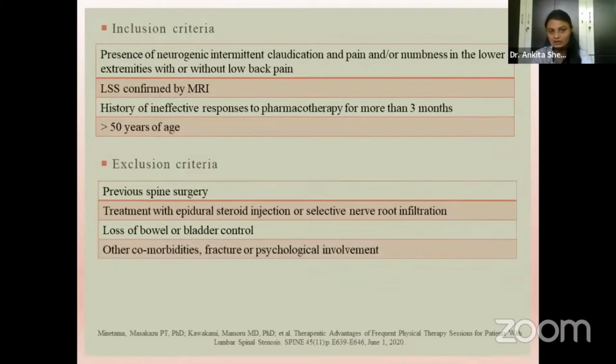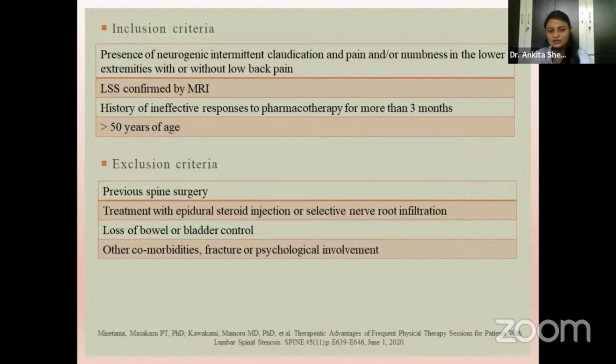The inclusion criteria of the study were the presence of neurogenic intermittent claudication, pain, numbness in lower extremities with or without low back pain, lumbar spinal stenosis confirmed on the basis of MRI, history of ineffective response to pharmacotherapy for more than 3 months, and age more than 50 years.